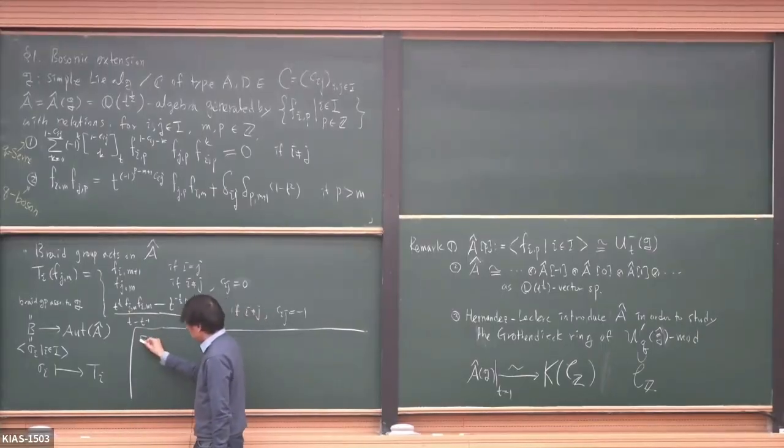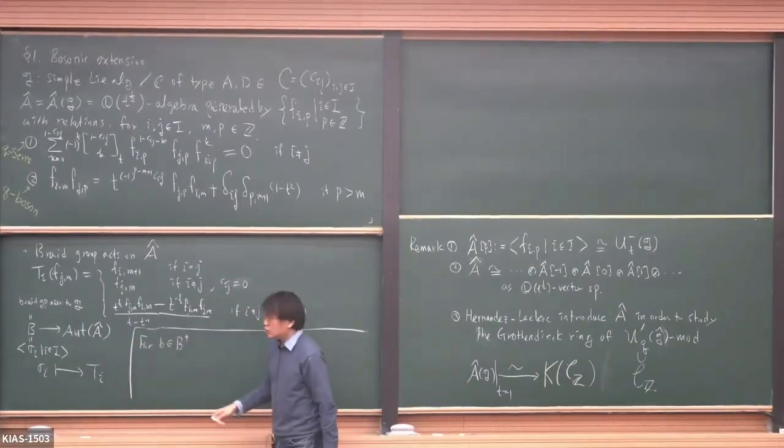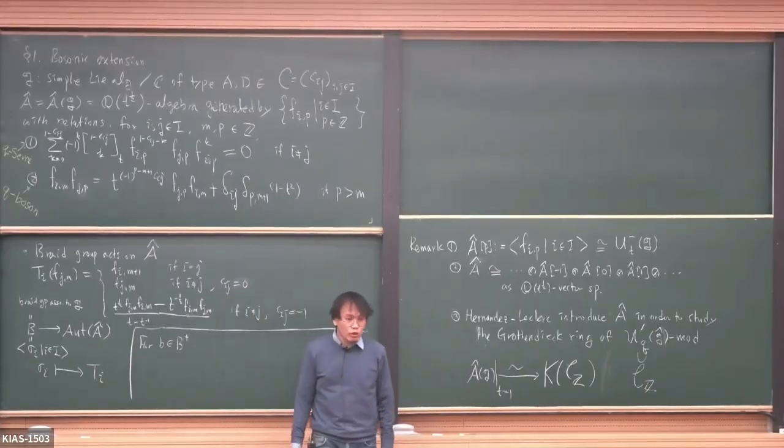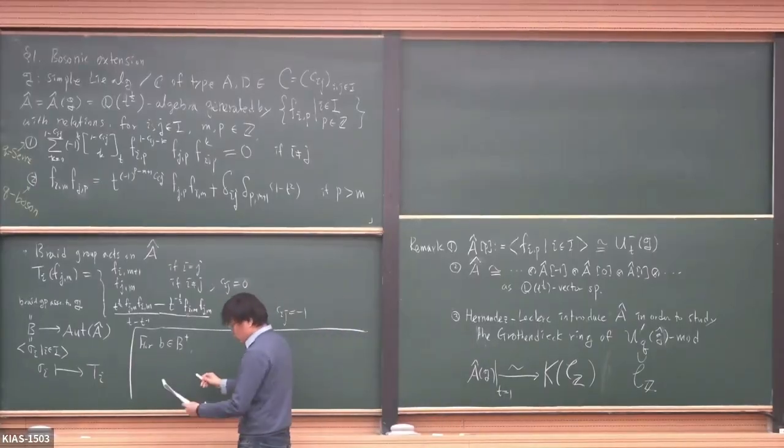Now let's take a positive braid element B, the monoidal positive braid. Then we can define the following.